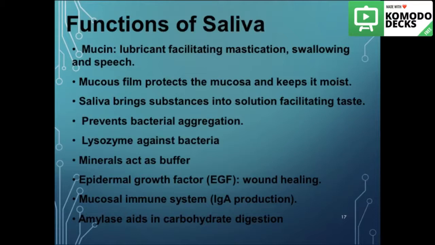So this mucin serves as a lubrication to facilitate mastication, swallowing, and speech. Also, it forms a film that protects the mucosa, hence comes the name, keeping it a moist lining, as we said.